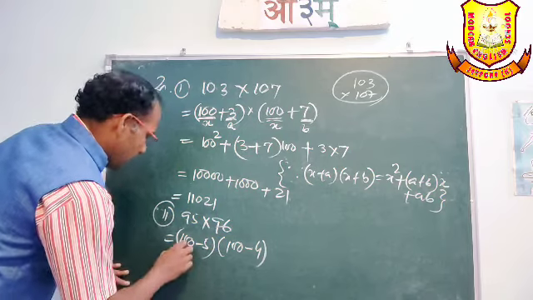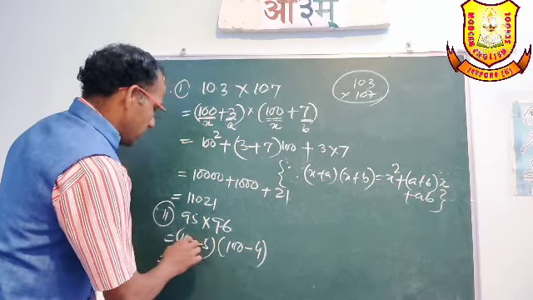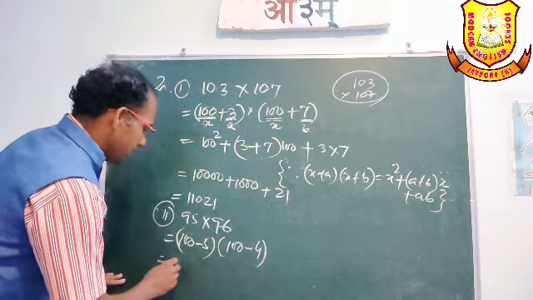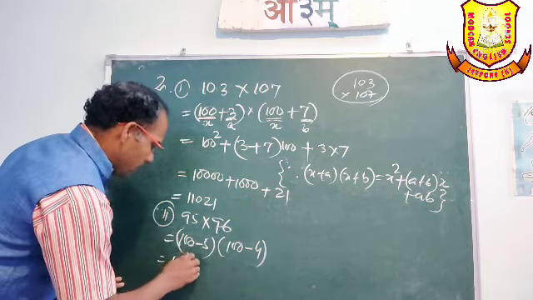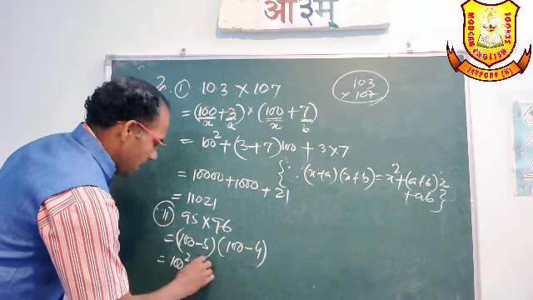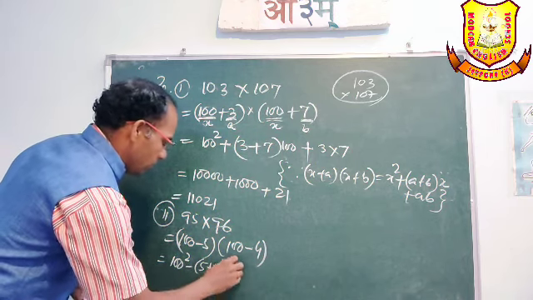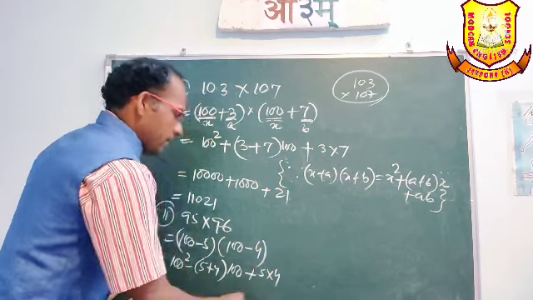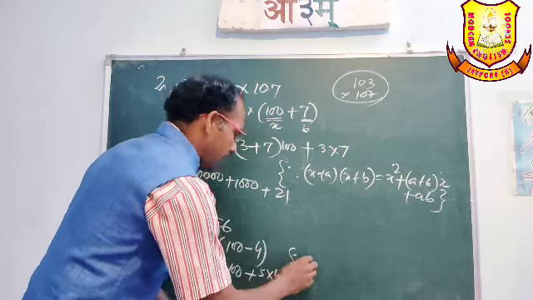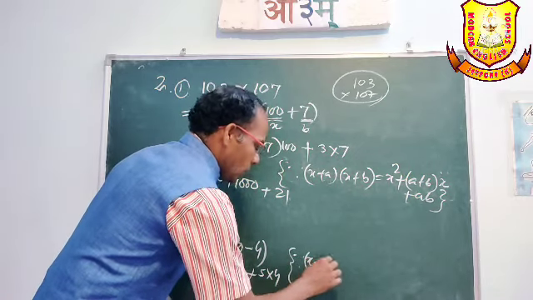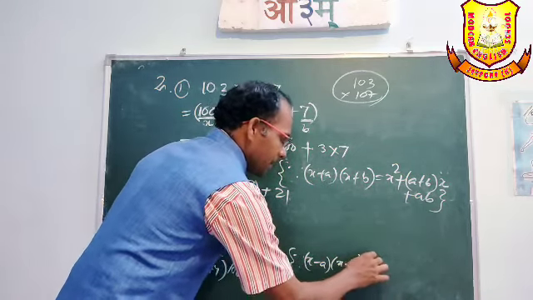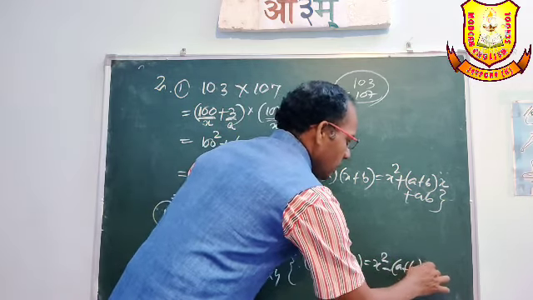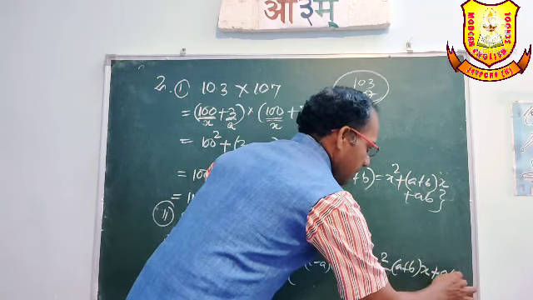Then x minus a whole into x minus b. So x square minus a plus b whole into x plus ab, as the formula is applied. x minus a whole into x minus b is equal to x square minus a plus b whole into x plus ab.